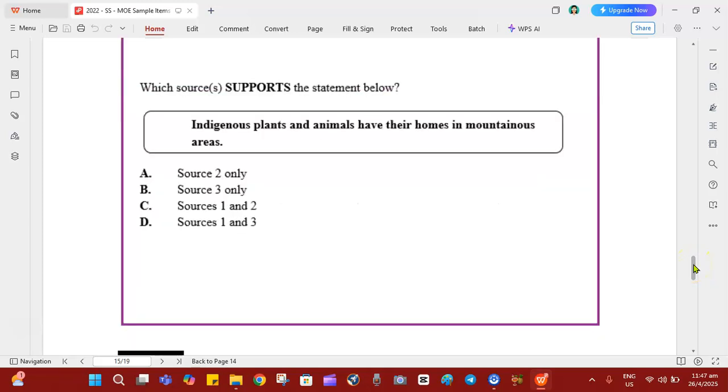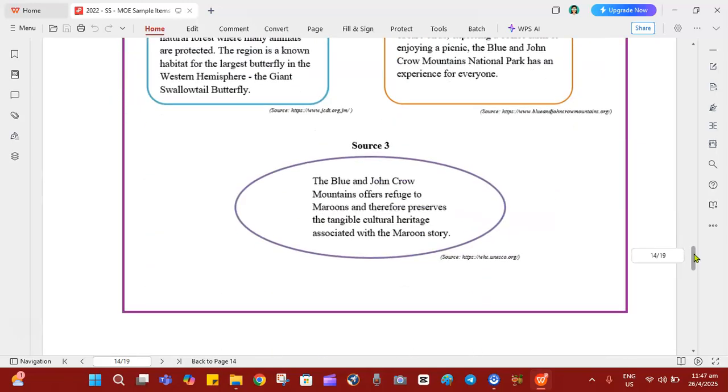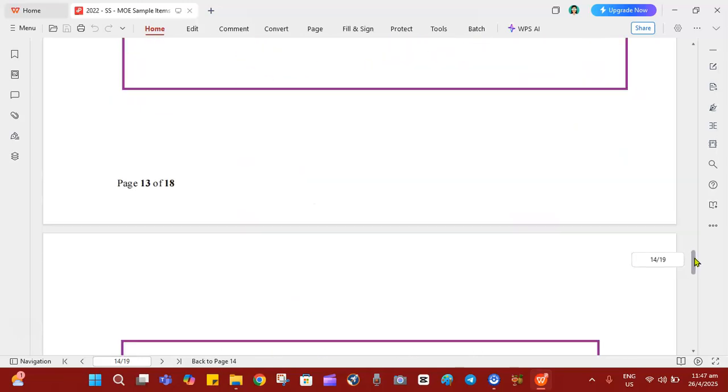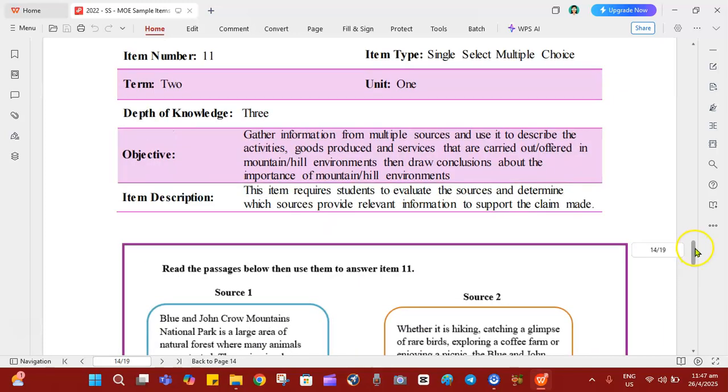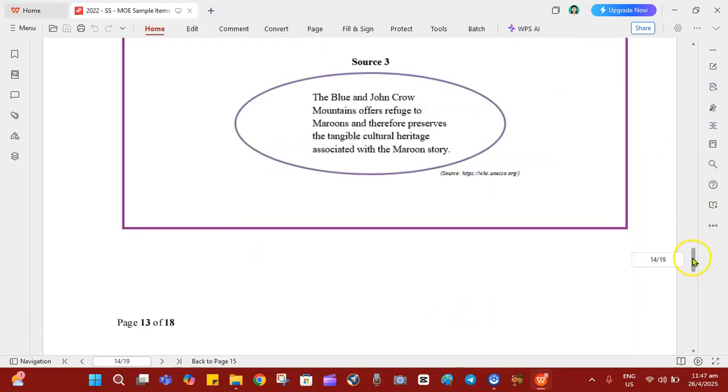Here's a question. Which source or sources support the statement below? Here's a statement: Indigenous plants and animals have their homes in mountainous areas. Indigenous meaning where they originate from, their original home. Alright, so A says source 2 only. No. Think of the giant swallowtail butterfly.